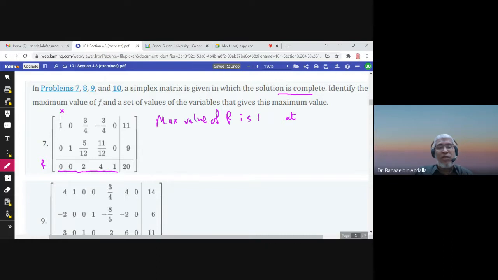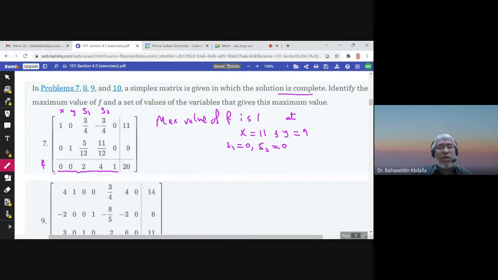So x is a basic variable and it's equal to 11. The value of x is 11. And y is also a basic variable and its value is 9. While s1 and s2 are non-basic, so we give them the values of zeros.